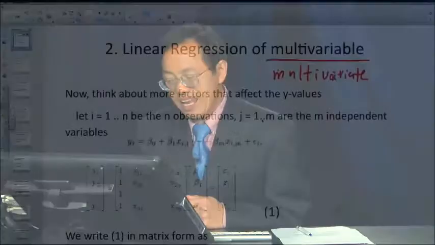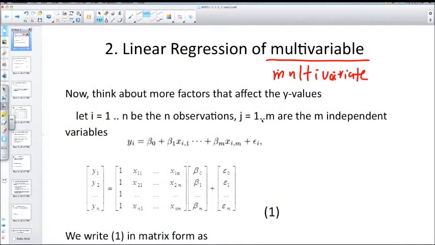You still want to predict the food the chickens consume. So instead of a straight line, if you observe two independent variables, let's say the chicken weight and the chicken age, then you're going to get a plane.